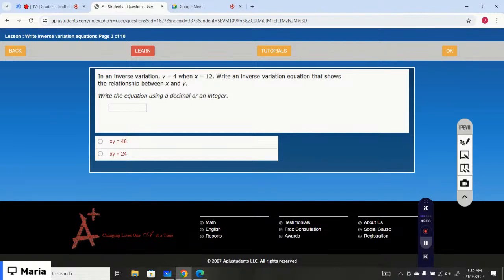The correct option is xy equals 48. Option number 1 is the correct option, right?